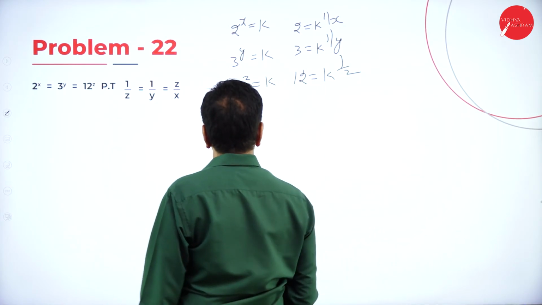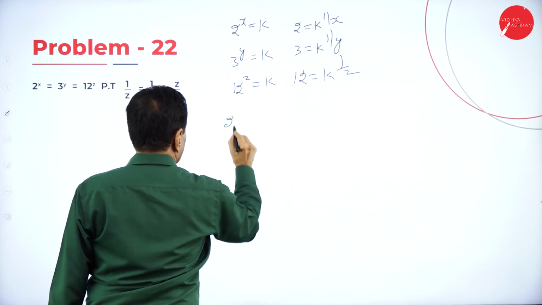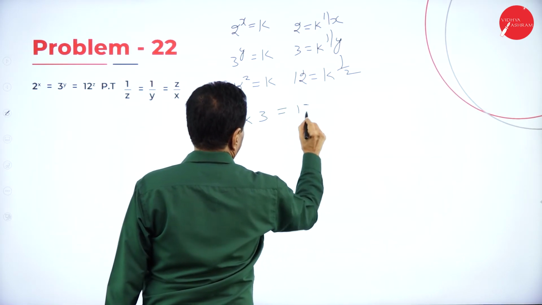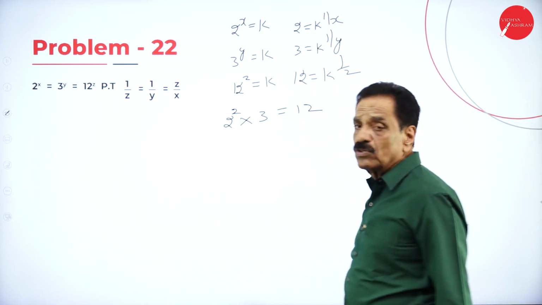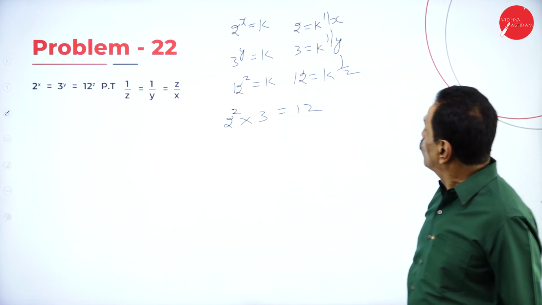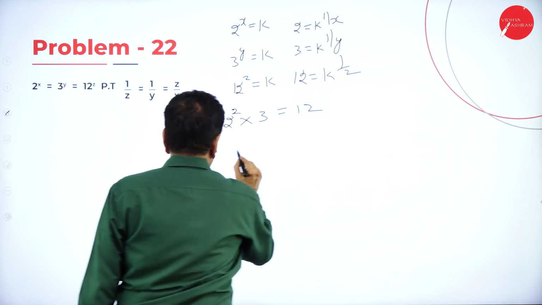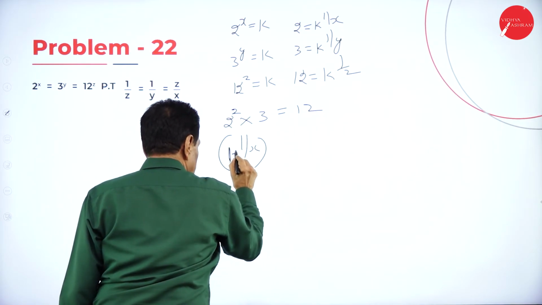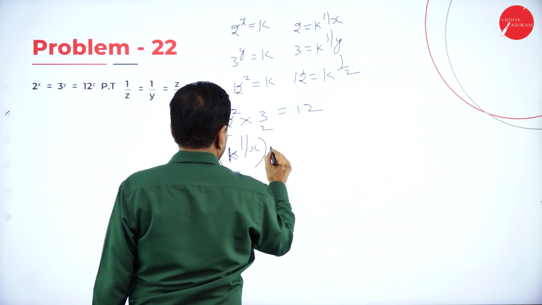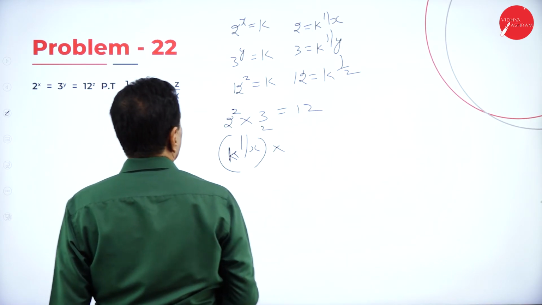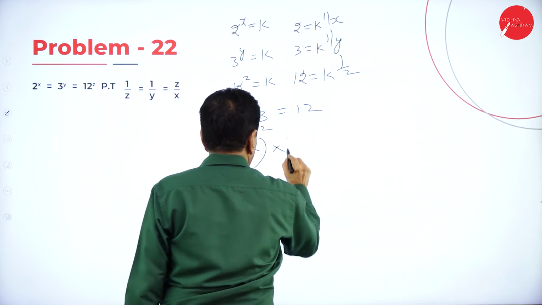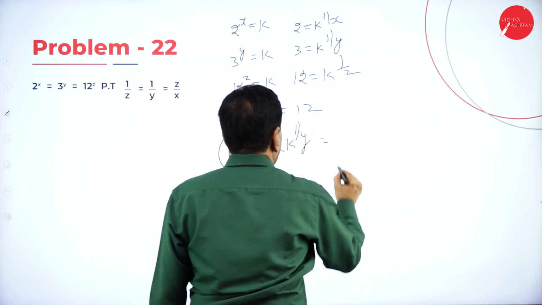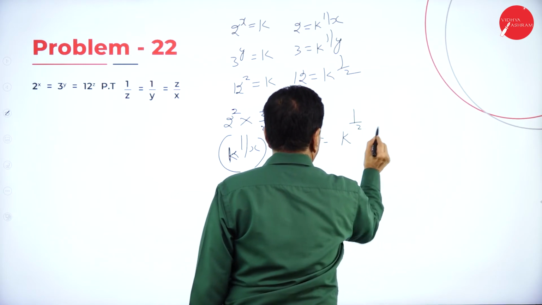We can write this: 2 square into 3 is equal to 12. What is 2? k to the power of 1 over x, whole square, into what is 3? k to the power of 1 over y. What is 12? k to the power of 1 over z.